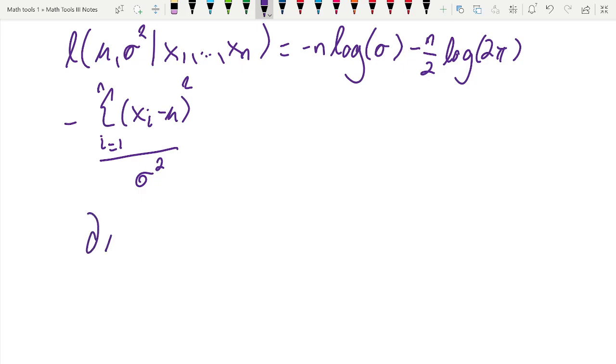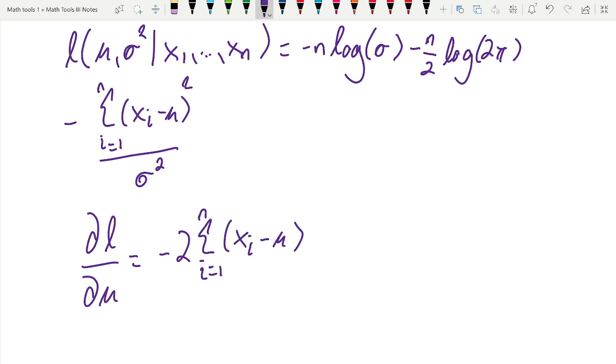So we're going to take the partial derivative of L with respect to mu. There is no mu in this term, so that's 0. No mu in this term, so that's 0. There is a mu in this term. So it's going to be negative 2 times the sum from i equals 1 to n of (xi minus mu) times a negative 1.